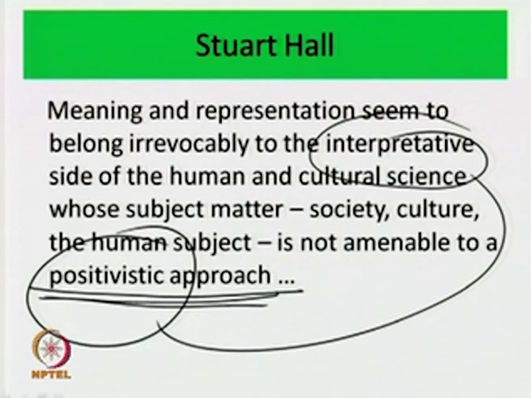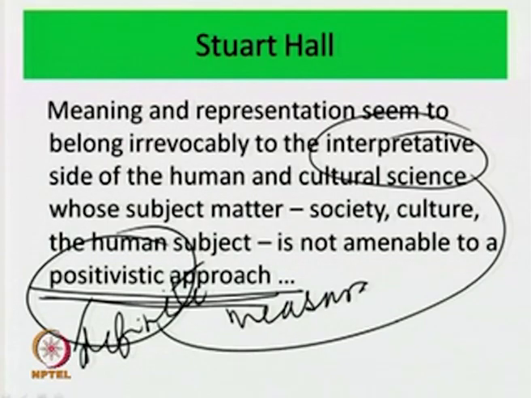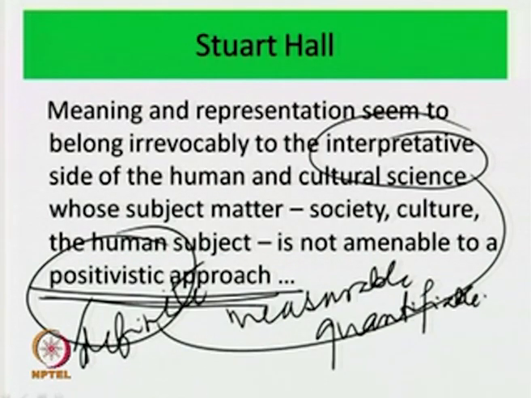When you talk in terms of theory, these are diametrically opposed, in the sense that if you have a positivistic approach, it means that you have something definite to say about any phenomenon. It is measurable, it is quantifiable, so that you have something scientific, so-called scientific or definitive, to say.